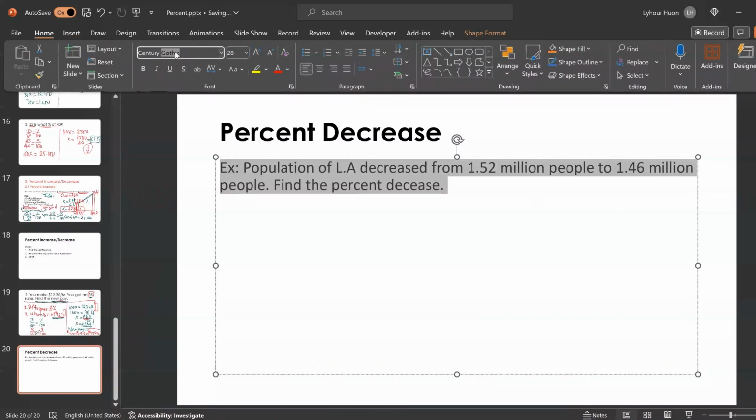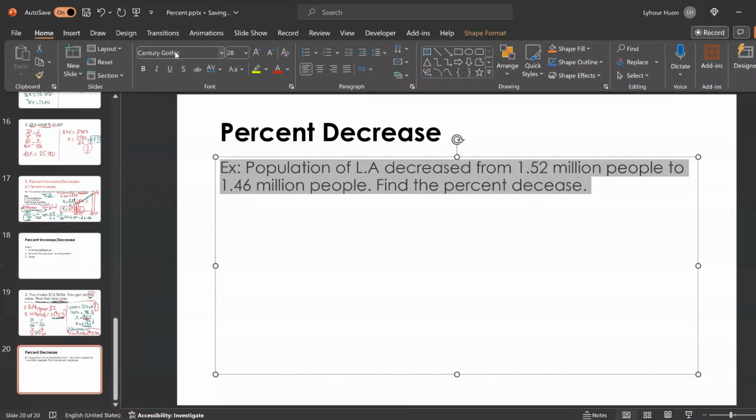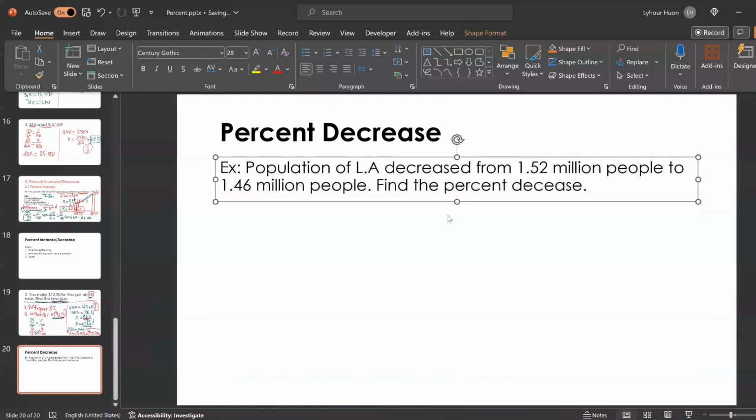You know which country always has the population decreasing? South Korea. Yeah, almost, because near them. South Korea is decreasing though, right?